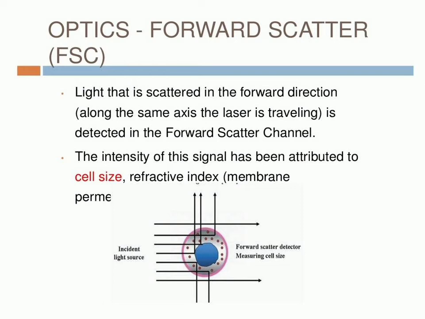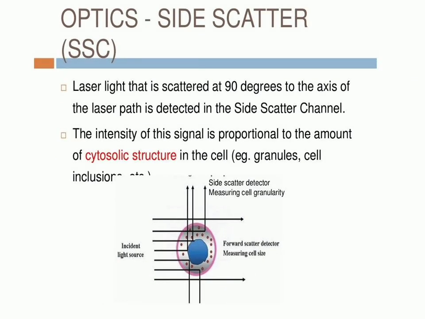Laser light that is scattered at 90 degrees to the axis of the laser path is detected in the side scatter channel. The intensity of this signal is proportional to the amount of cytosolic structure in the cell, that is granules, cell inclusions, etc.